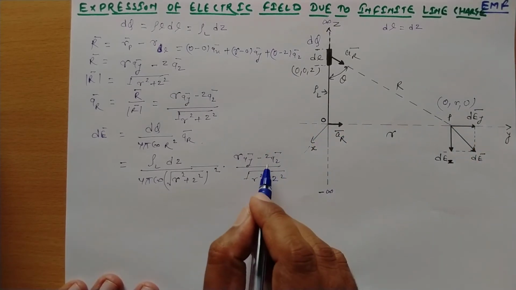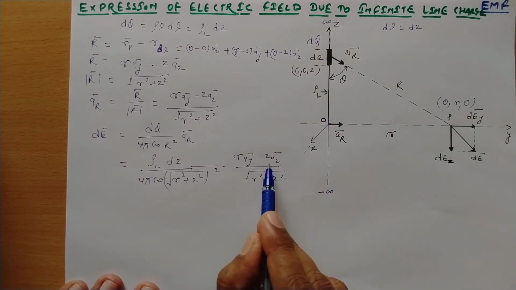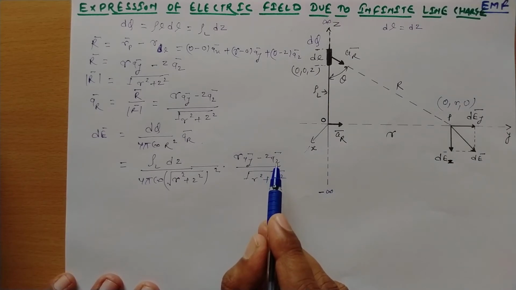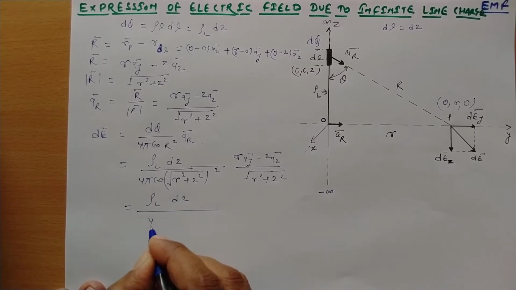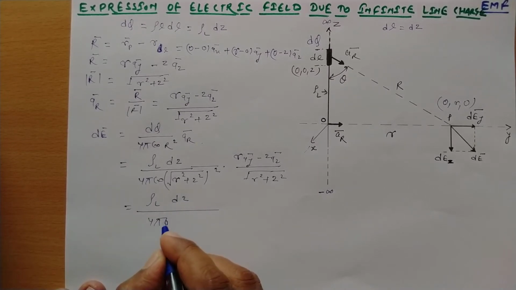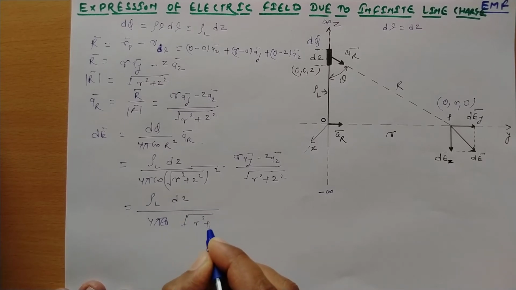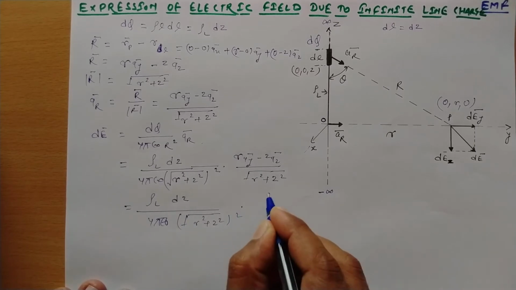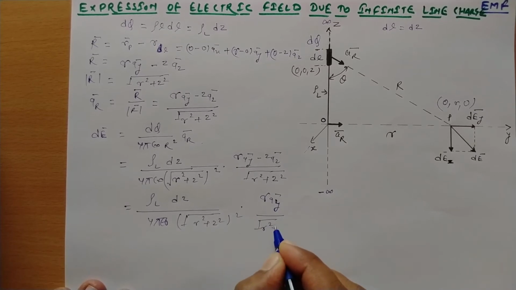So we will just eliminate it, because in this case the line charge distribution is on the z axis, so the a_z component will become equal to 0, and we will only get rho l dz divided by 4 pi epsilon naught, times the square root of r squared plus z squared whole squared, into a_rho divided by the square root of r squared plus z squared, right?